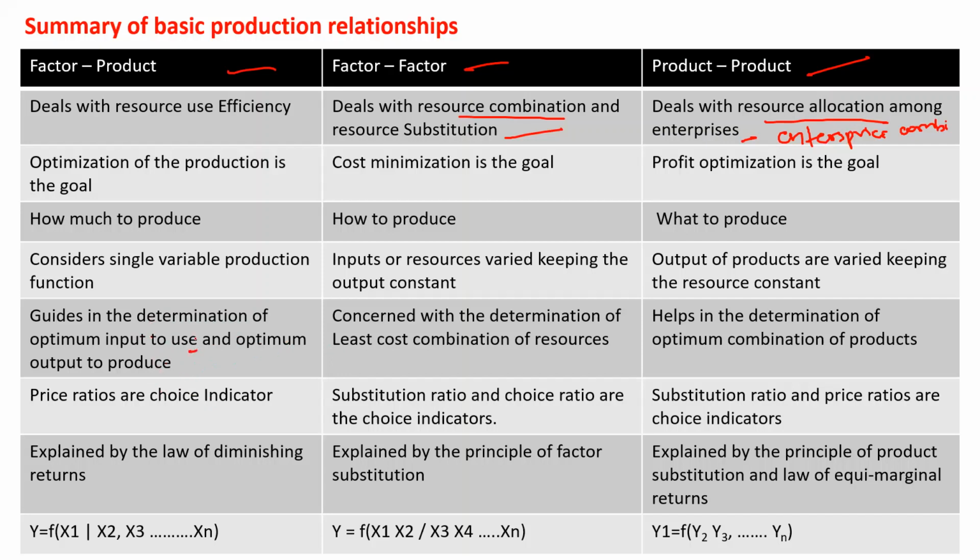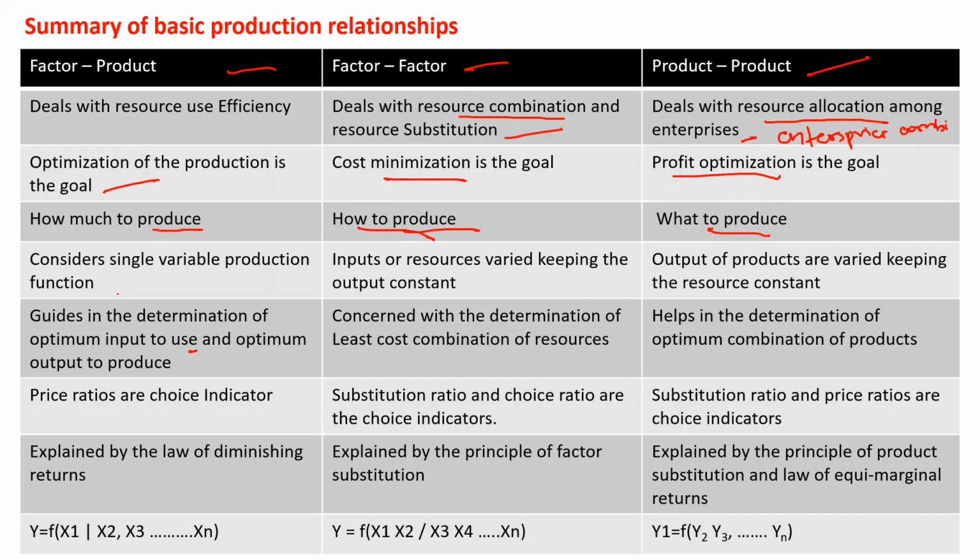In factor-product: cost minimization, and in product-product: profit optimization. The questions solved: factor-product, how much to produce; factor-factor, how to produce; and product-product, what to produce.